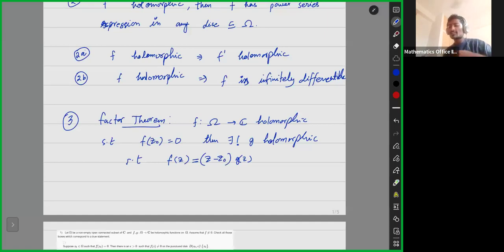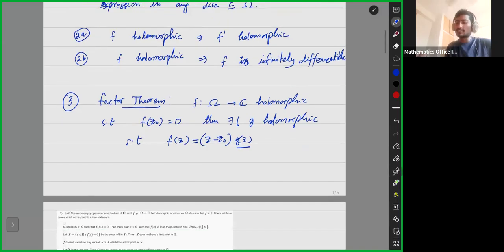You take z minus z naught common from the whole power series, and whatever is left inside, the ratio test or some test will imply that the power series inside the factor is convergent. So you just define that function to be G. That's the proof of this.